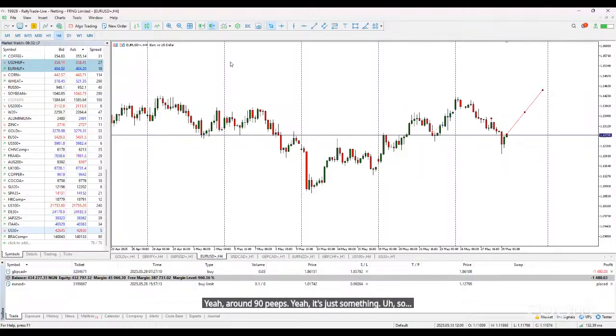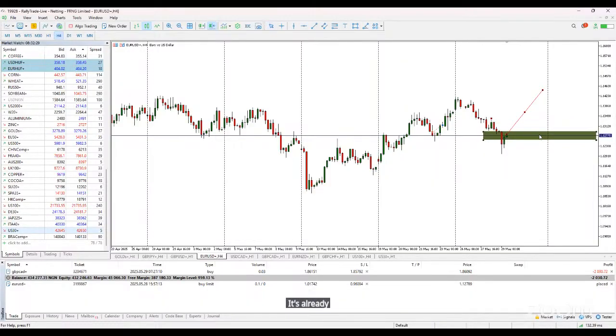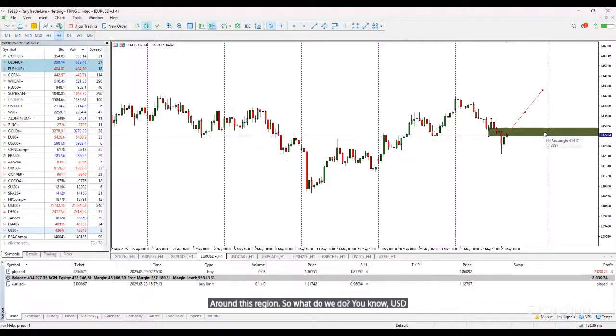So for Euro USD, this is the region. It's already around this region. So what do we do on Euro USD around this region? We plan to buy around this region. It's already around the region.